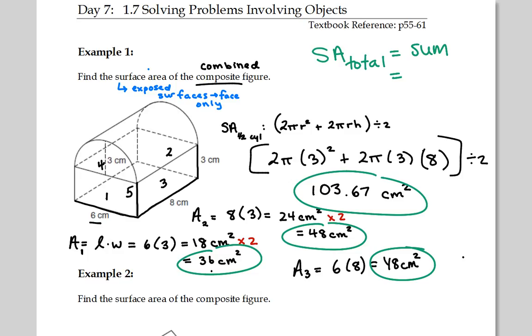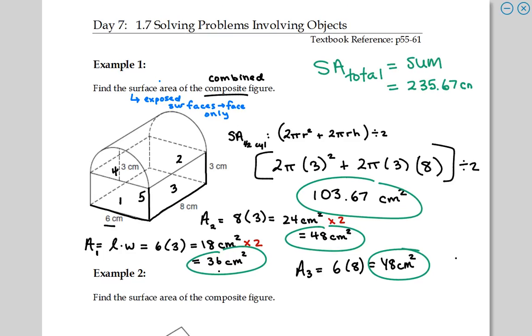Altogether, 235.67 square centimeters. How we feel about that? Decent? I mean, it's not overly taxing on the brain if you break the larger problem into smaller parts. That is my recommendation for surface area of component figures.